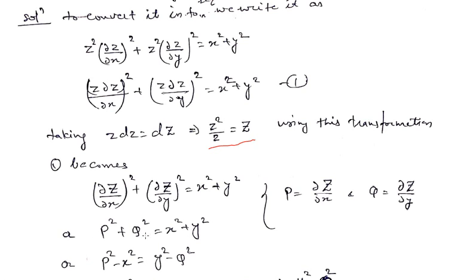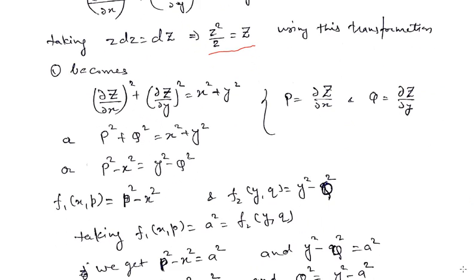Now we will separate the terms of x and p into the left hand part and the terms of y and q into the right hand part, and hence we get f1, a function of x and p, which is p square minus x square, and f2, a function of y and q, which is y square minus q square. Taking it equal to a square, where a is an arbitrary constant, we take it in the form of a square.